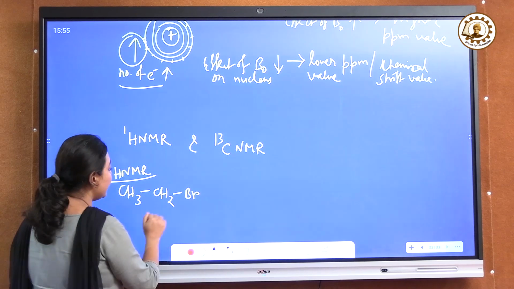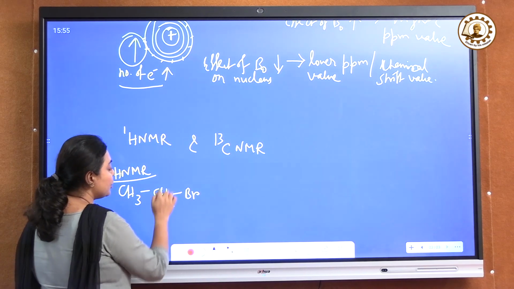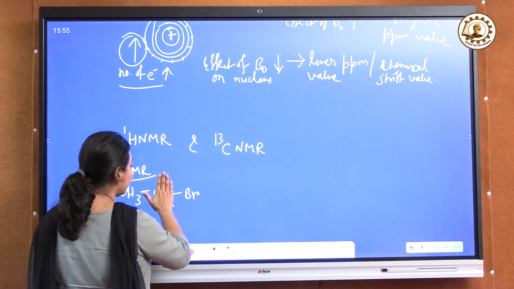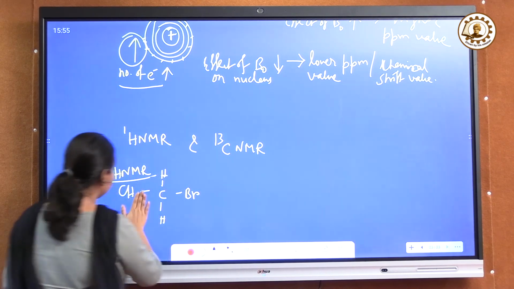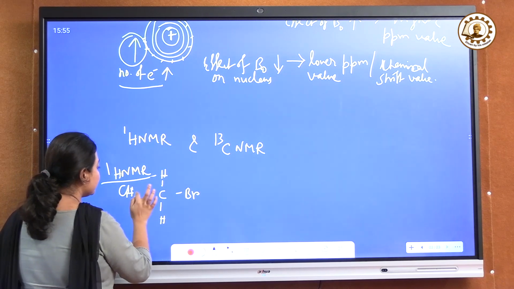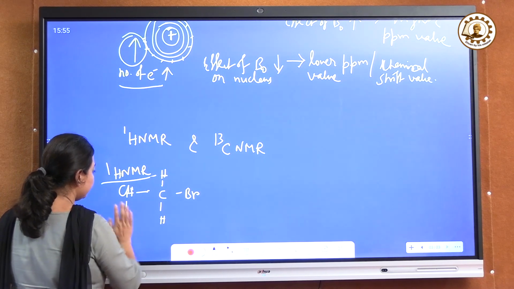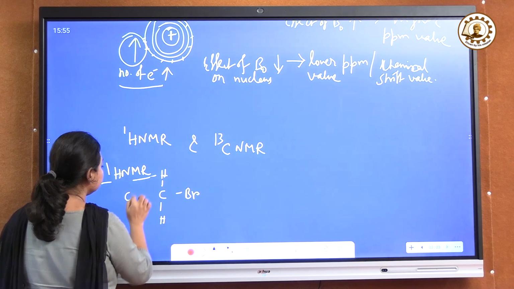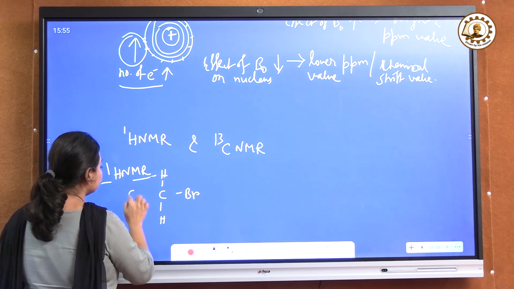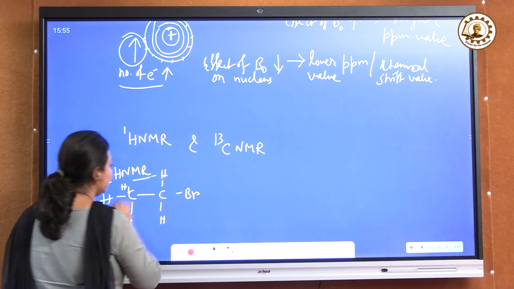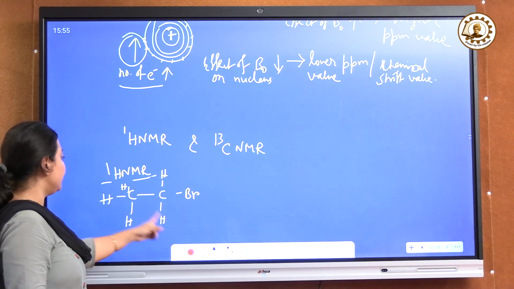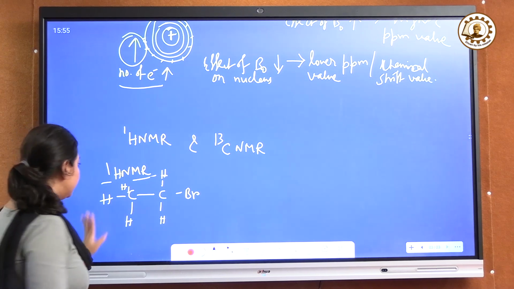Now here, if we want to find the number of proton NMR signals in that molecule, what will happen? Here the number of protons is 2, and here the number of protons is 3.